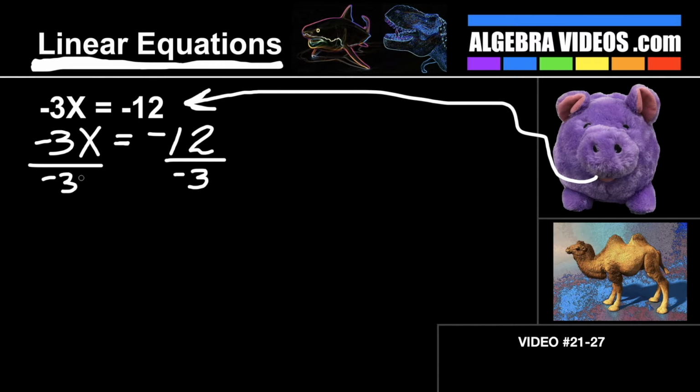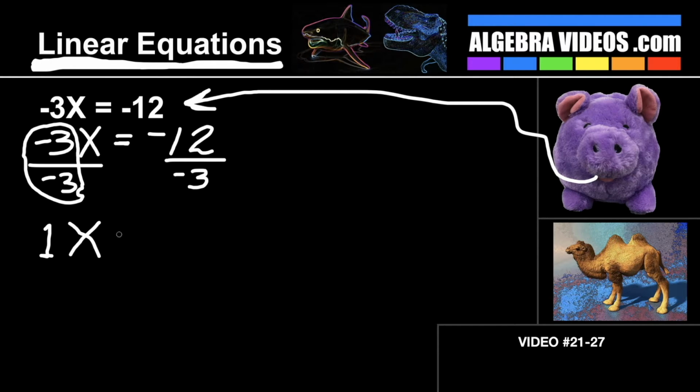And there's a reason. It's because I know that anything divided by itself simplifies to the number 1. So here I have negative 3 divided by negative 3. That simplifies to just 1, which is a nice simple number. I'm just going to bring x down. Nothing changes there.